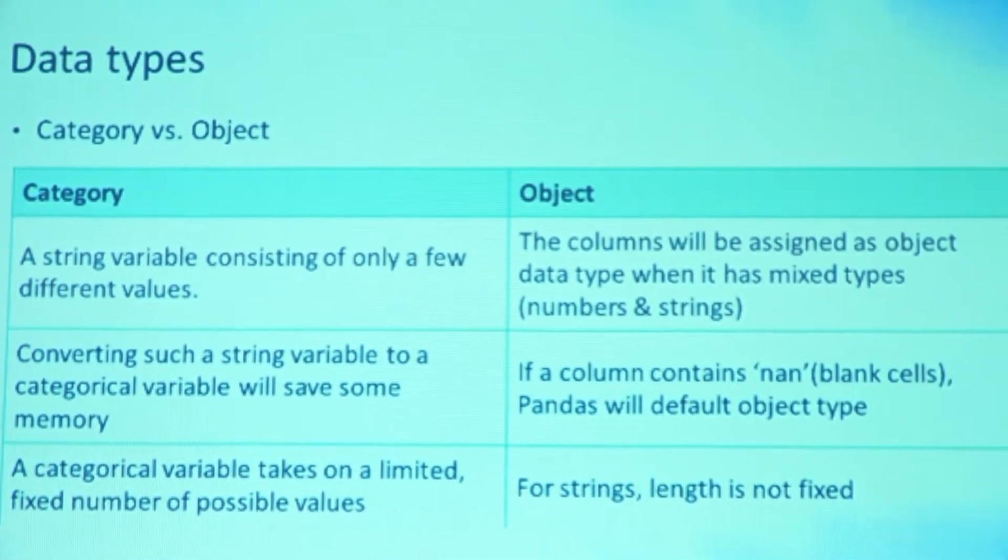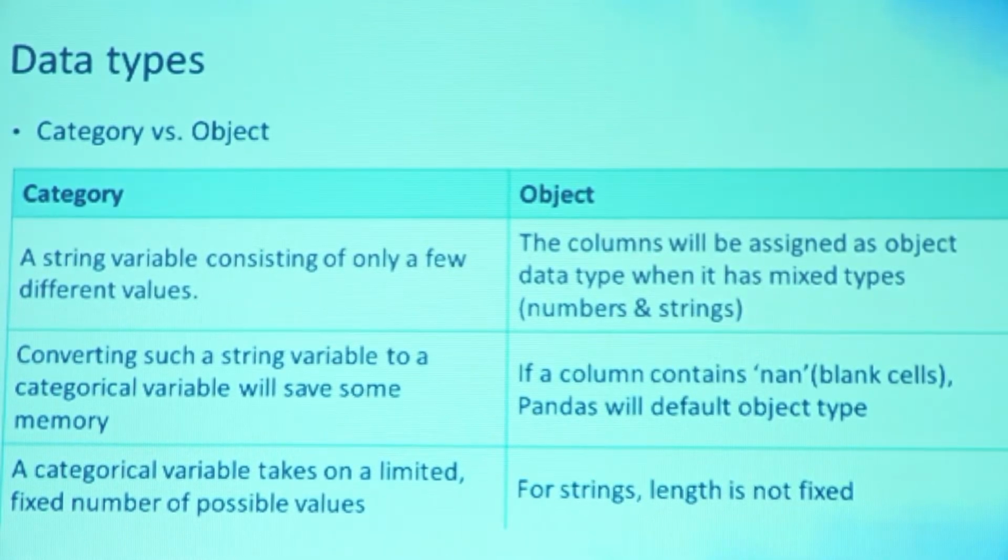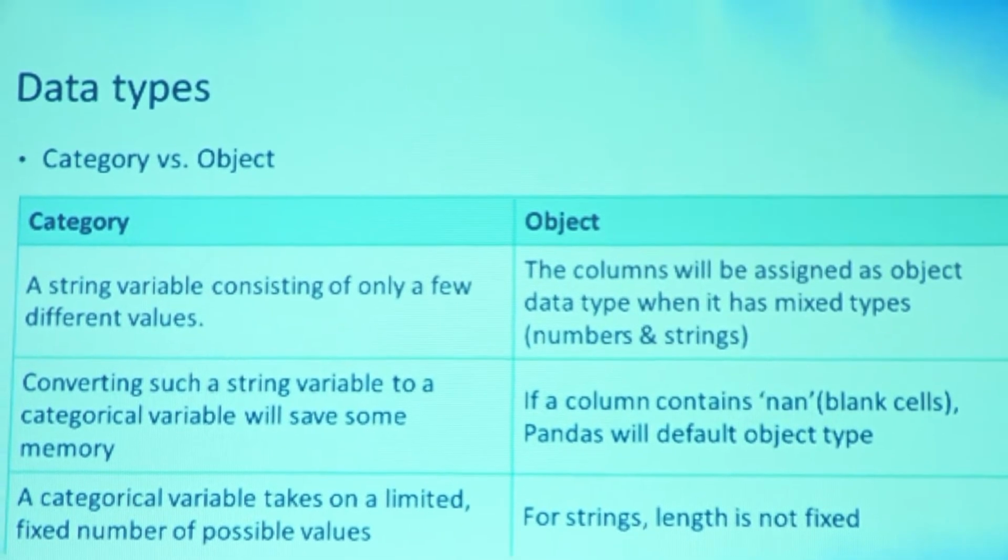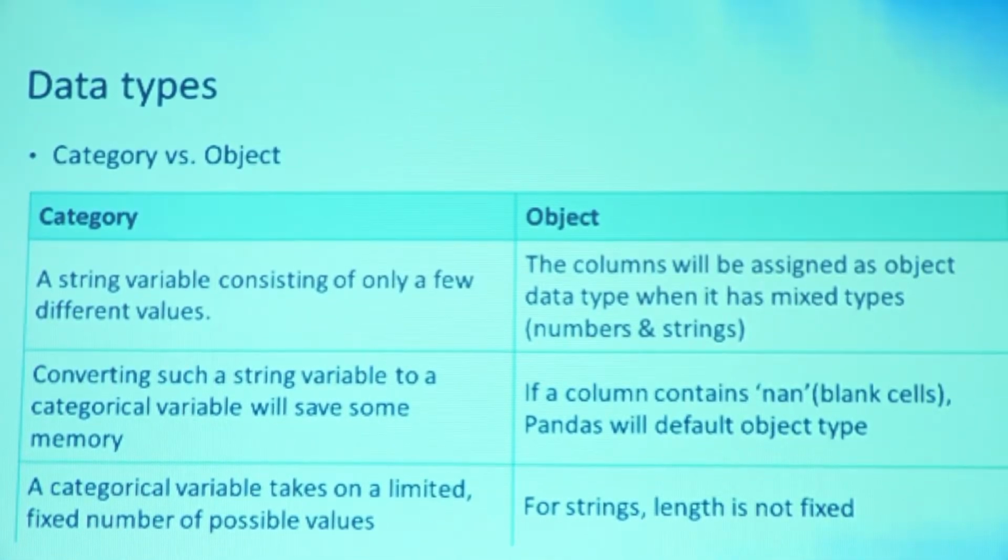That's it. Whereas for an object, if a column contains NaN or a blank cell, by default it will turn to object. So filtering out your missing values, okay, suppose fuel type in your data frame has some missing values, you should find them out. After you have found them out, if you simply convert it into category, all it does is save memory for you. So that's the advantage of conversion.